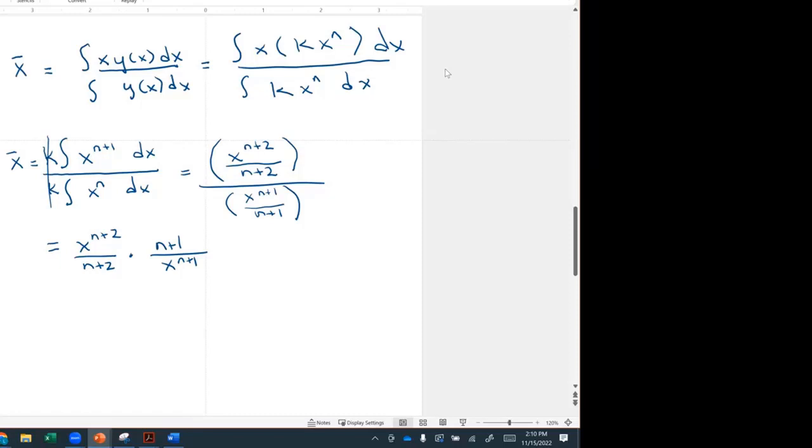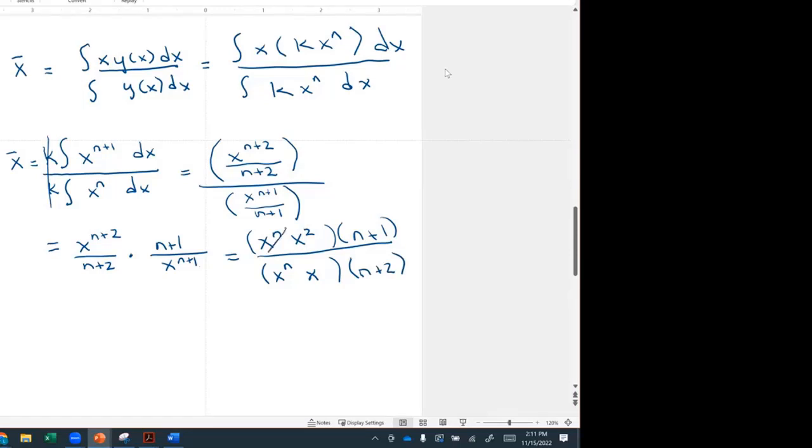And if you know your exponent rules, this is the same as x to the n times x squared, this whole thing times n plus 1 divided by x to the n plus 1, so it's just times x to the 1 power over n plus 2.